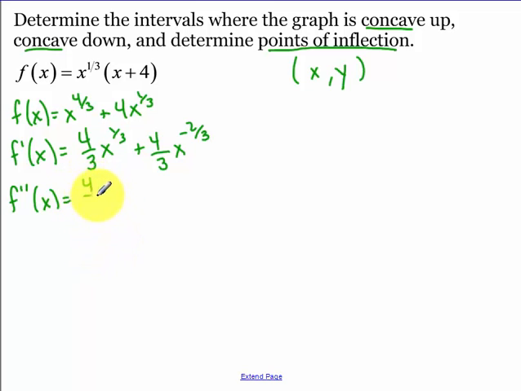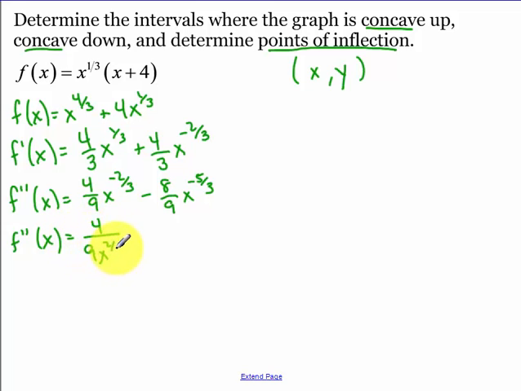So we have 4/9 x to the negative 2/3 plus, we're going to need a minus in there because I bring down my exponent, negative 8/9 x to the negative 5/3. Now this is when you want to put those exponents in your denominator. And I'm going to leave them as fractions.